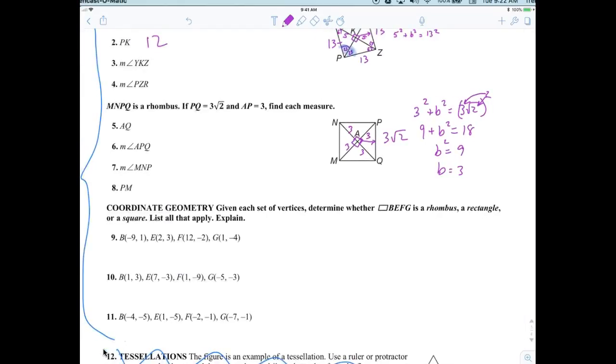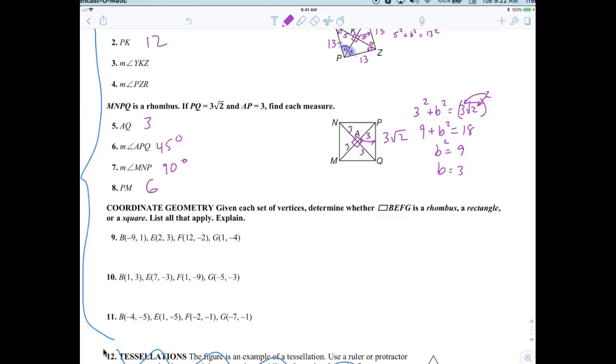And so now, AQ is 3. Angle APQ, no, wait a minute. APQ is 45. MNP is 90. And PM is 6. Very good.